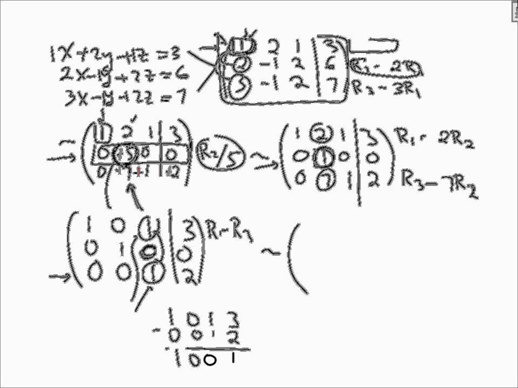So the first row becomes 1, 0, 0, 1. The second row, I didn't do anything to. And the third row is this.